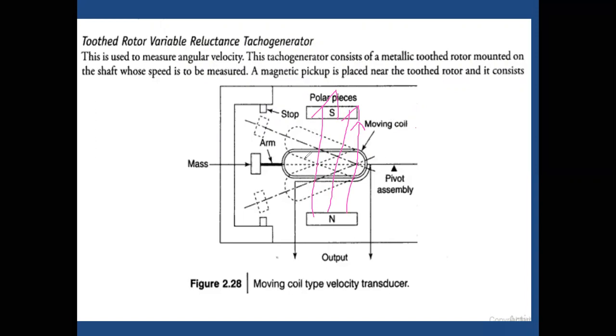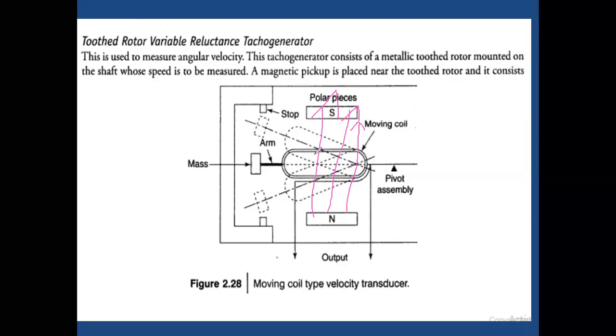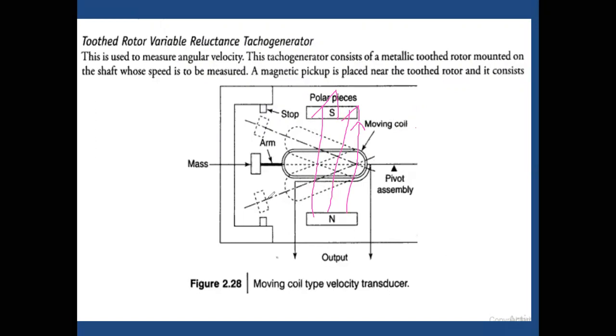Whenever we give movement to the coil, it oscillates like this about the fixed pivot.